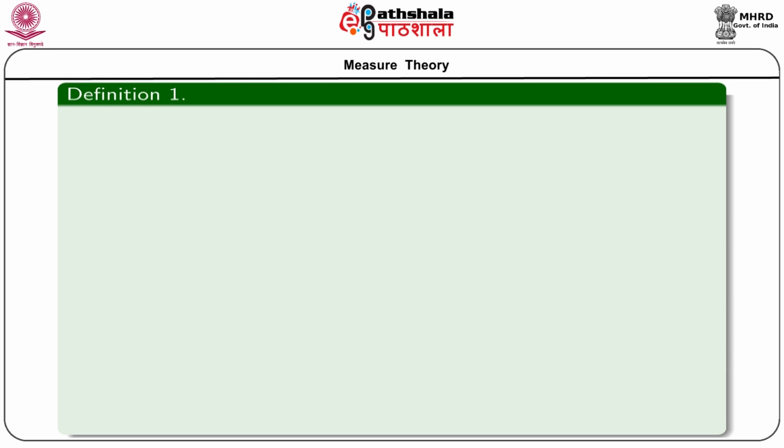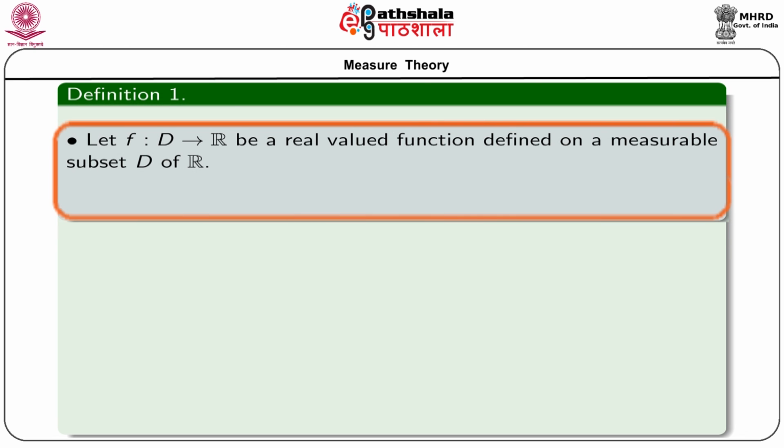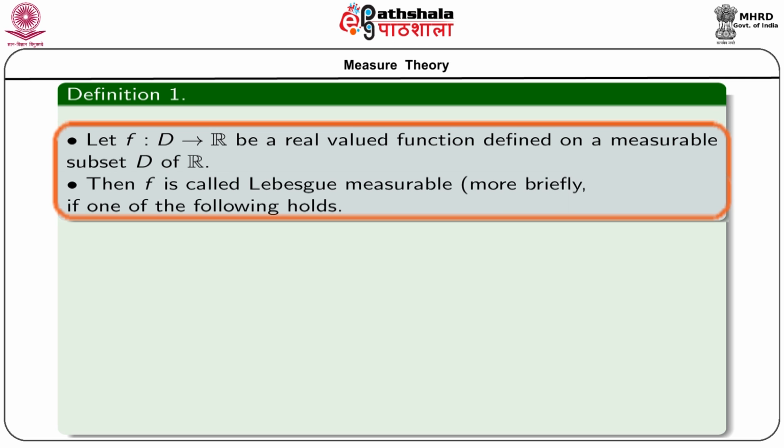So, we go to the formal definition of a measurable function. Let f: D → R be a real valued function defined on a measurable subset D of R. Then f is called Lebesgue measurable, or more briefly we will just say that it is measurable, if one of the following holds.